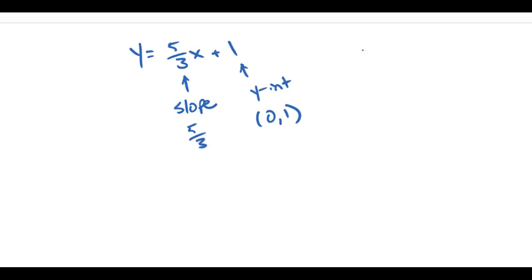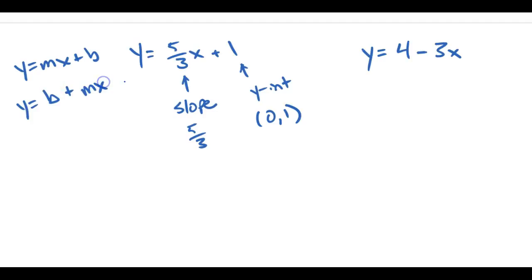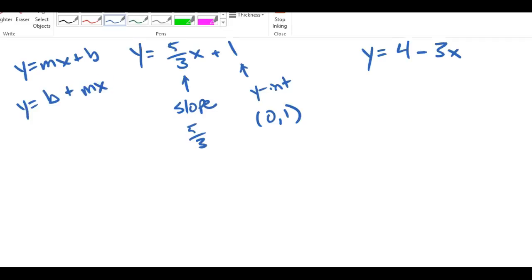But I can also write a linear equation like this. Y is equal to 4 minus 3x. Now remember, slope-intercept form is y equals mx plus b. But I can also write it as y is equal to b plus mx. I can switch things around and it's not going to be a problem.